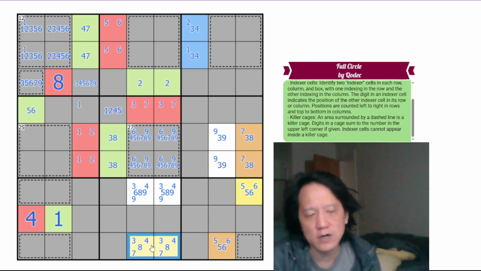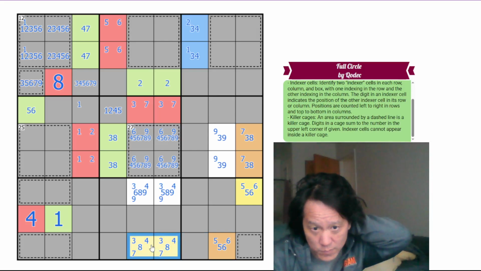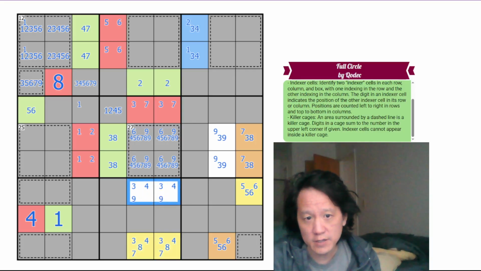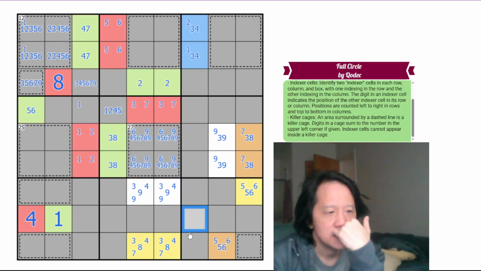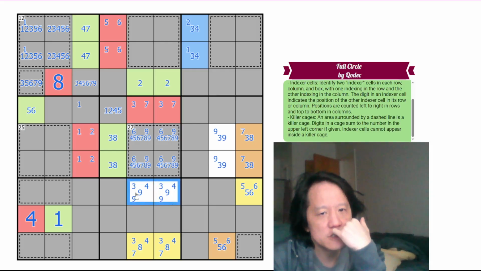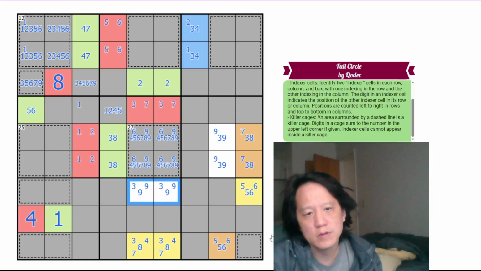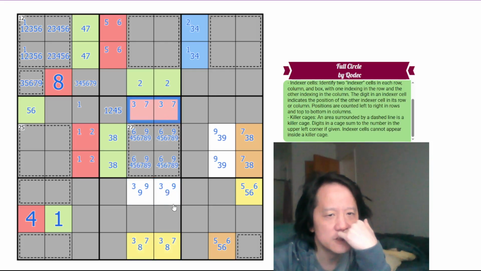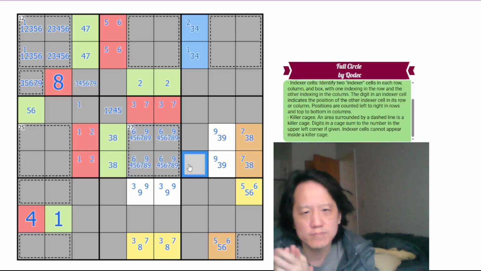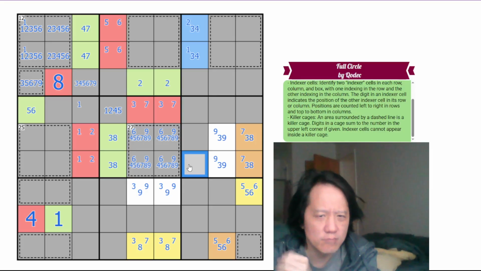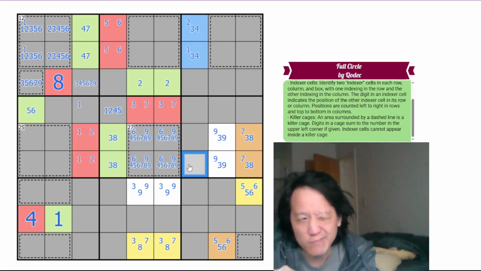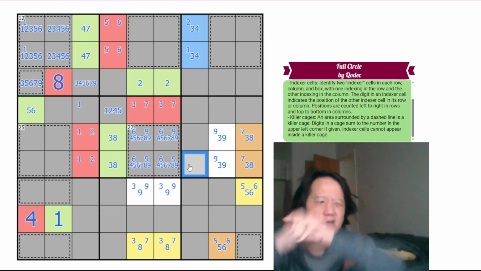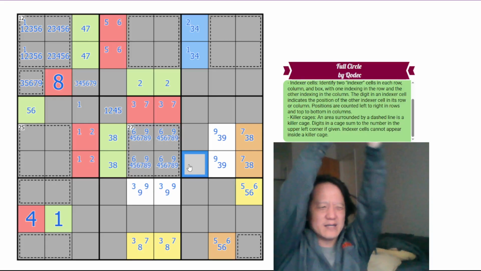If this indexes row, it's 9. If this indexes column, it cannot be 4. This can't be 4 then either. Interesting. Okay, what does that tell us? I am not completely certain.